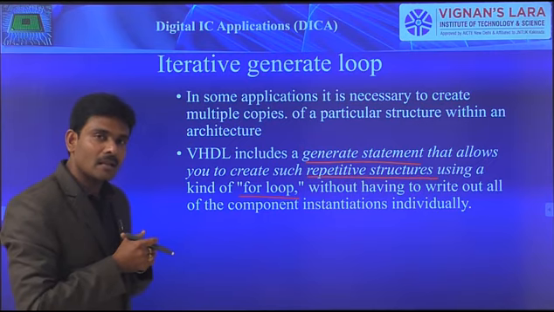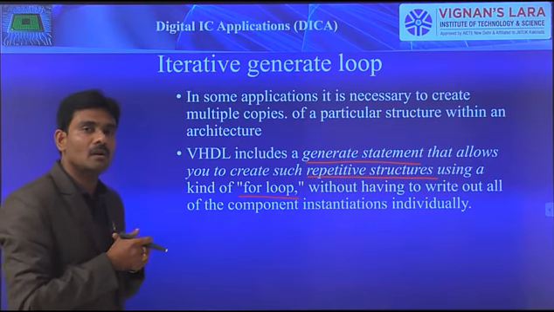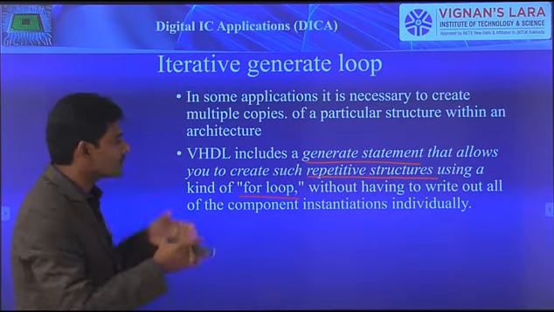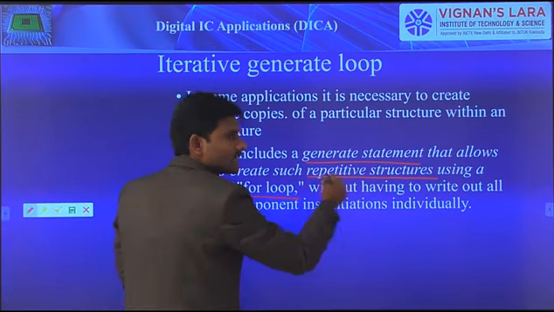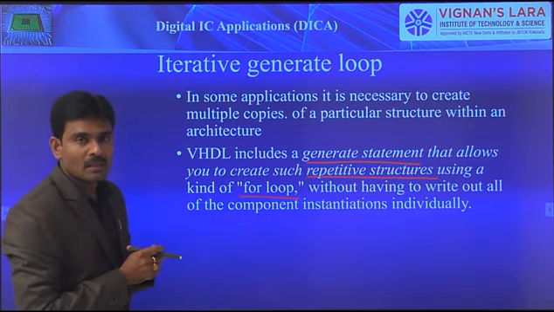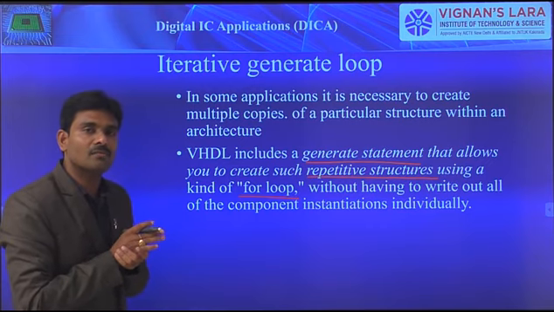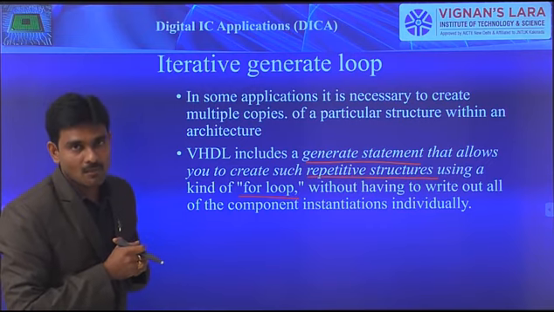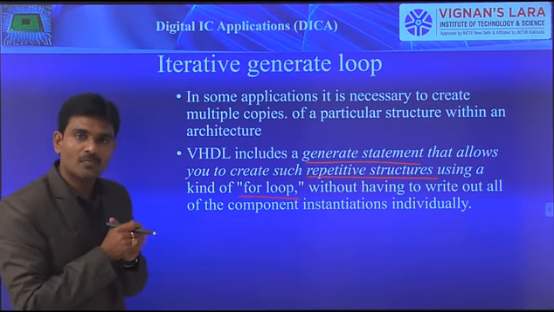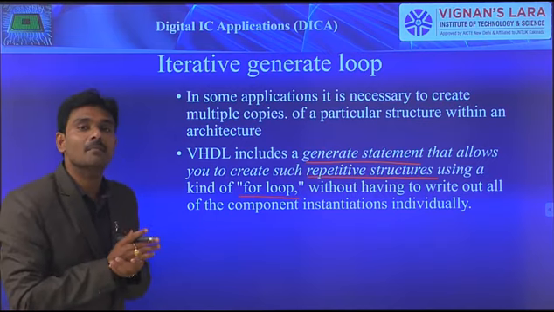How many times the loop needs to run depends on how many times we are supposed to instantiate that component. Writing the for loop once is enough to generate any number of those gates, so repetitive structures can be created for the same component.